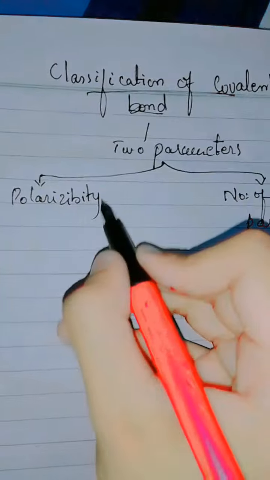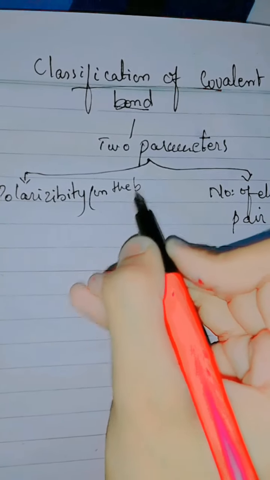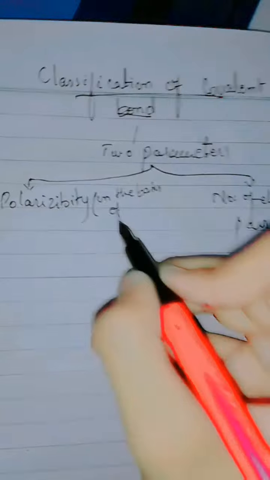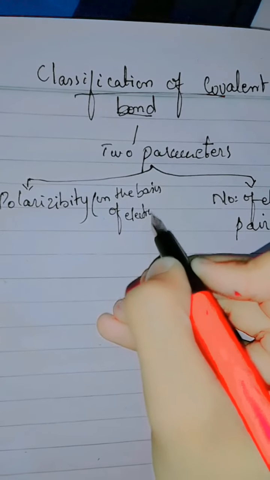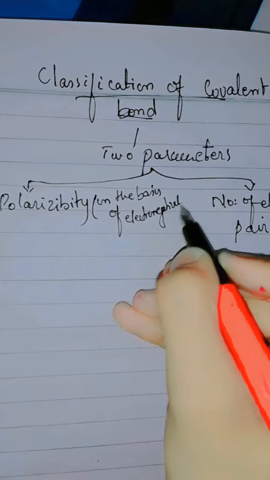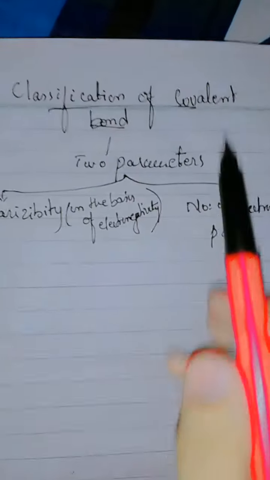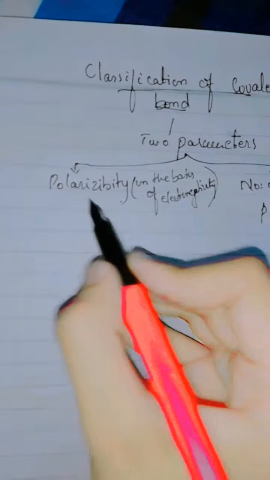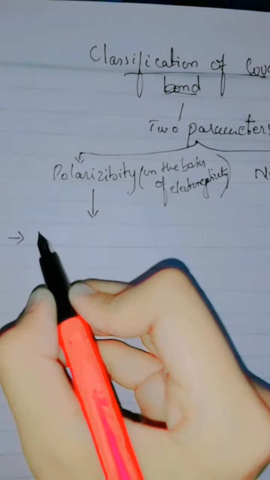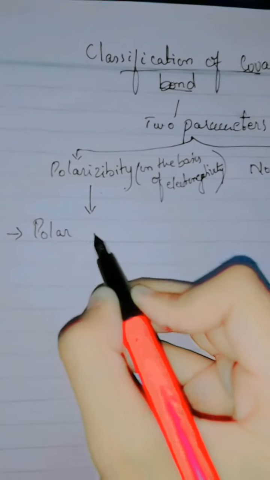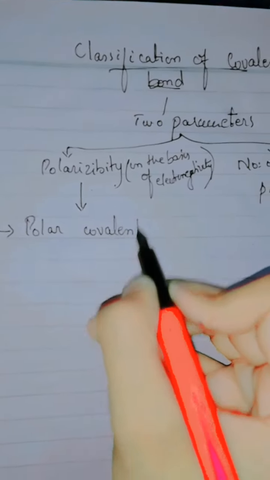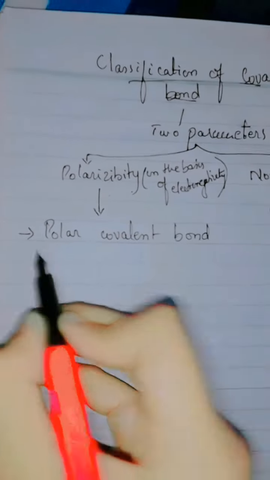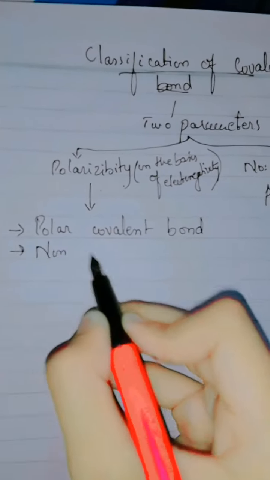That is, we can say covalent bond on the basis of electronegativity and covalent bond on the basis of number of electron pairs. So there are two types of polarizability. One is polar covalent bond and second one is non-polar covalent bond.